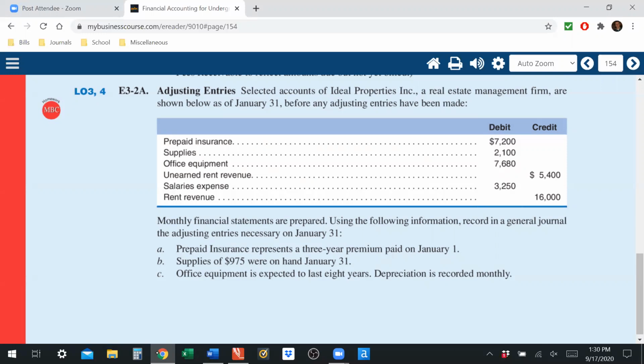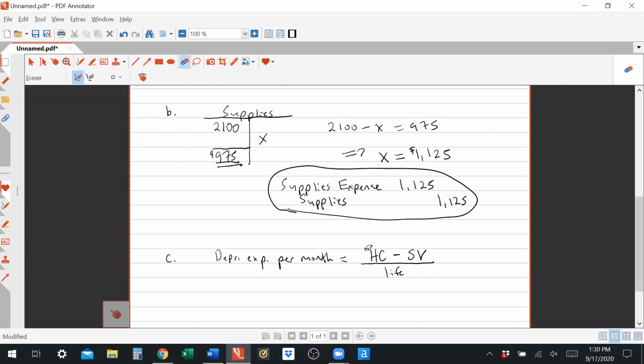We don't reduce the balance in the office equipment account for depreciation, right? The way we do that is we increase the balance in the accumulated depreciation account, because there's a contra account for each long-term asset other than land. There's a contra account called accumulated depreciation, and that's the account we record the depreciation in. So that $76.80 is what we originally paid for the equipment. That's the historical cost.